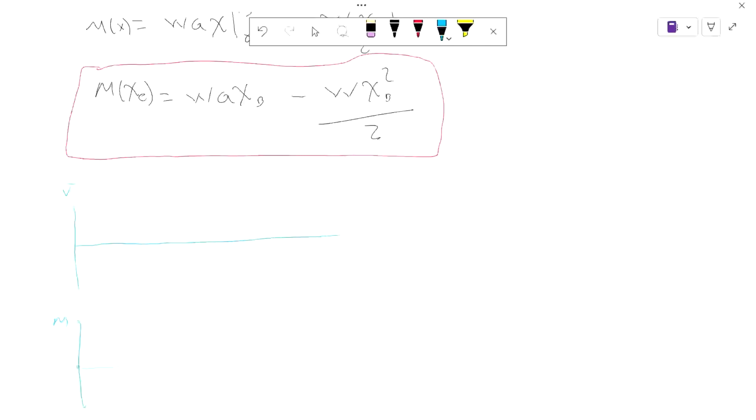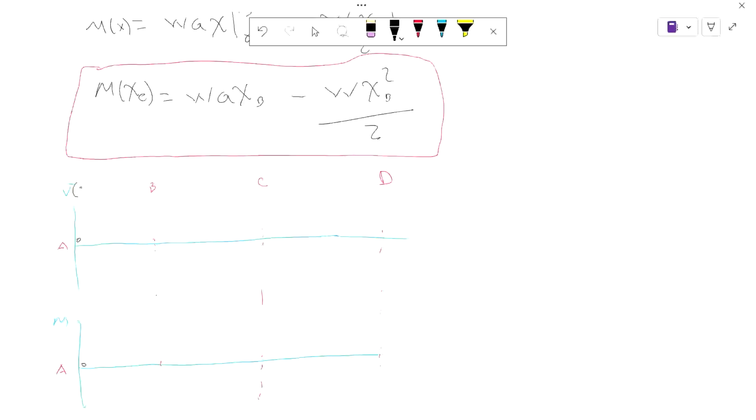We have point A, point B, point C, and point D. All right, this value is 0 and this value is 0.